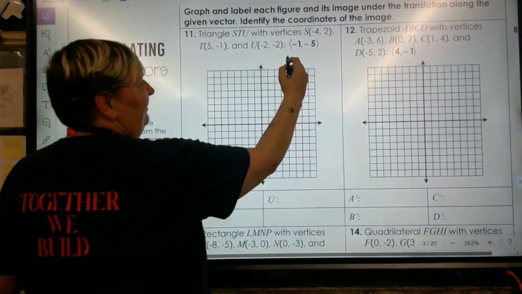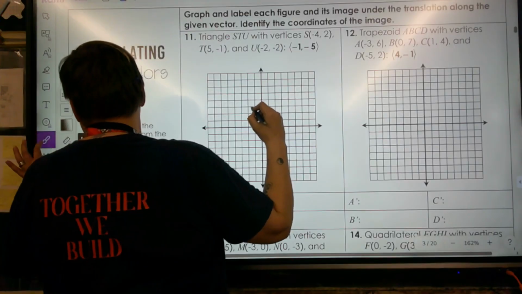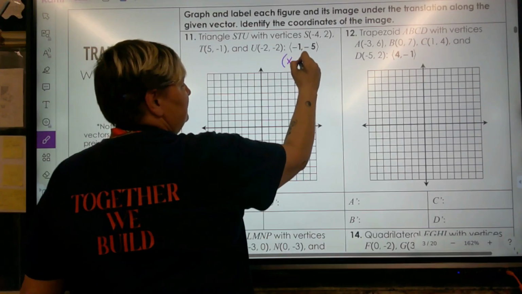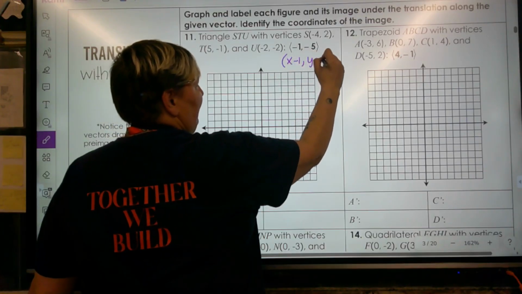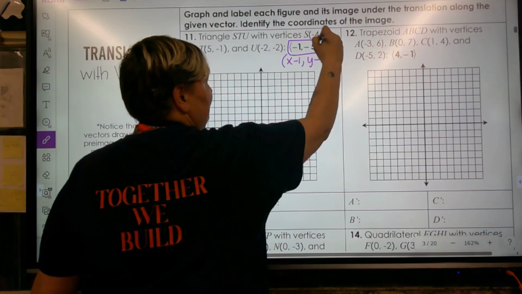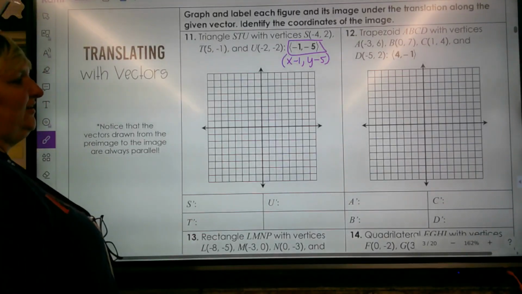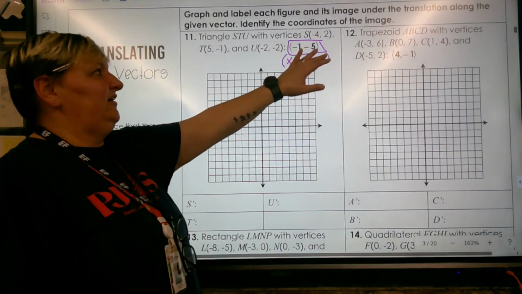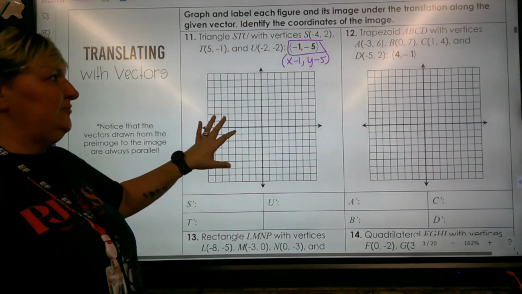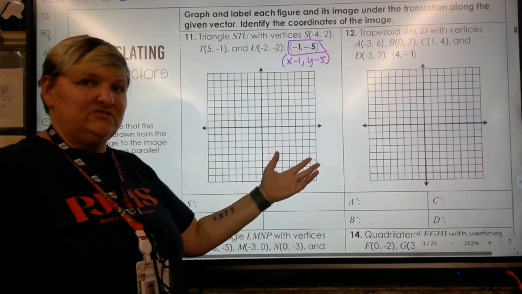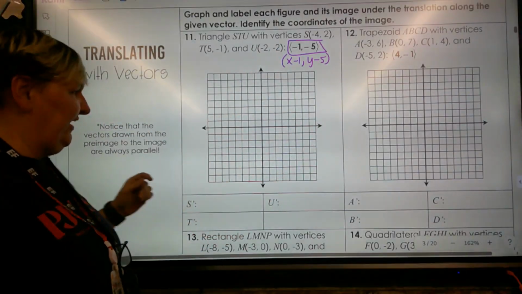Instead of writing x minus 1, y minus 5, they wrote this. So you can do the same thing. You can draw your pre-image and then move the whole shape and find your coordinates for your image, or you can just do math.